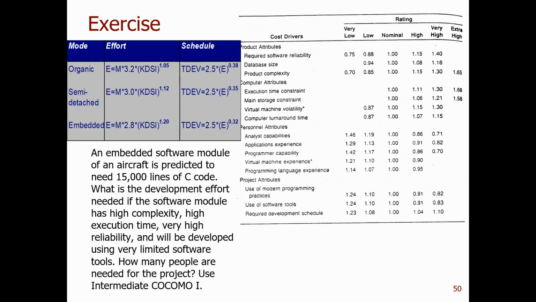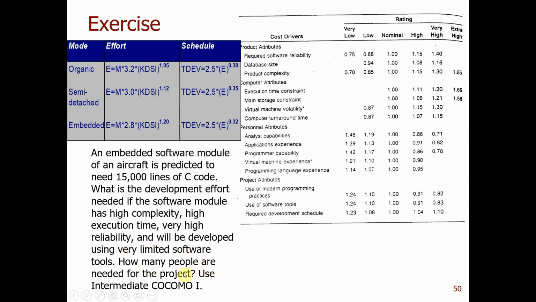Then let's look at this exercise. For this exercise, if you can finish in 5 minutes, you are in good shape. It's an embedded software module of an aircraft. The aircraft software is predicted to have 15,000 lines of code. What's the development effort needed if the software module has high complexity, high execution time constraint, very high reliability, and will be developed using very limited software tools?